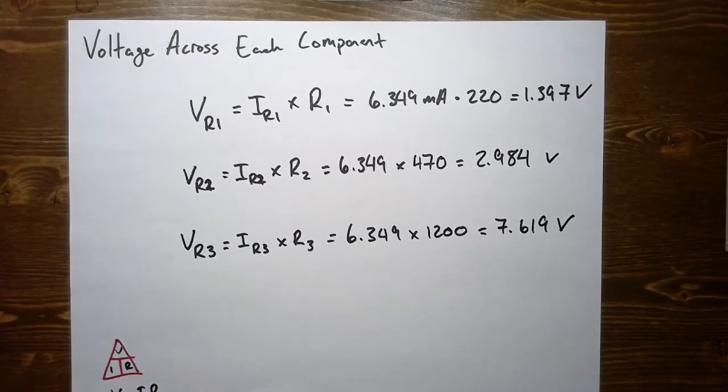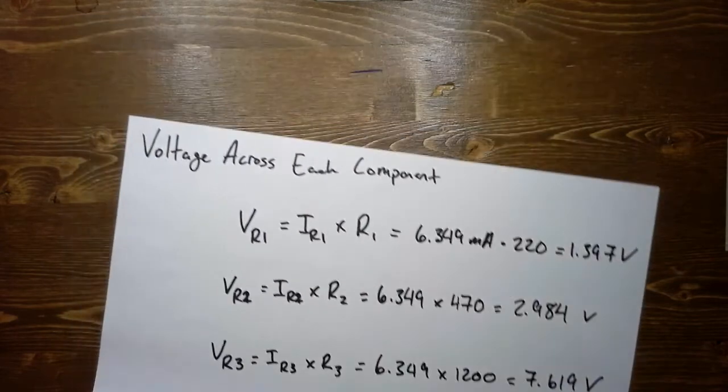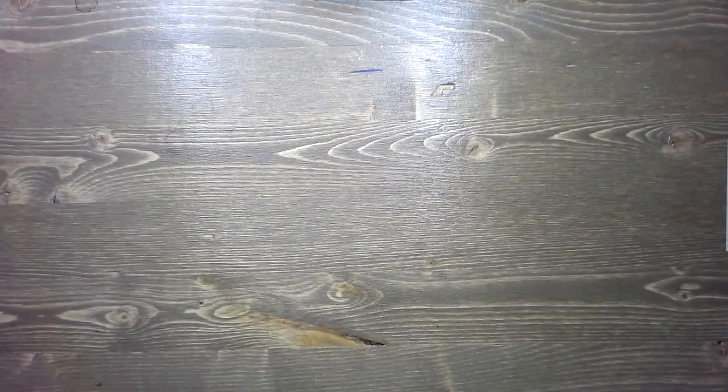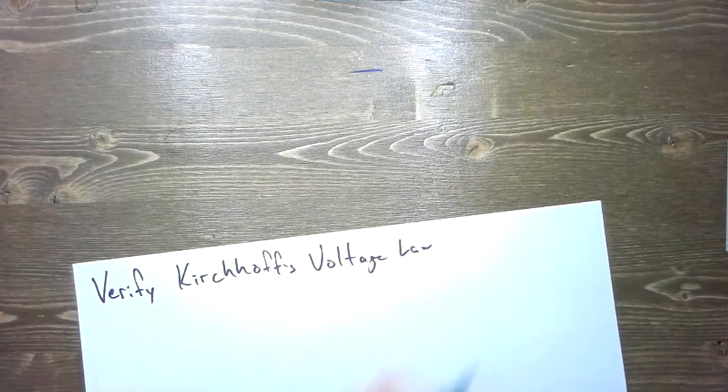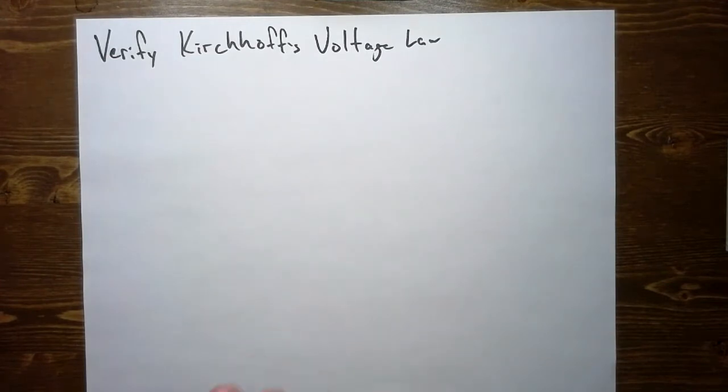Okay. So now we've got the resistance total of our circuit, we've got the current through each component, and we have the voltage across each component. With those three things, we should be able to verify Kirchhoff's voltage law here. And to do that, we have to remember what we said Kirchhoff's voltage law was.